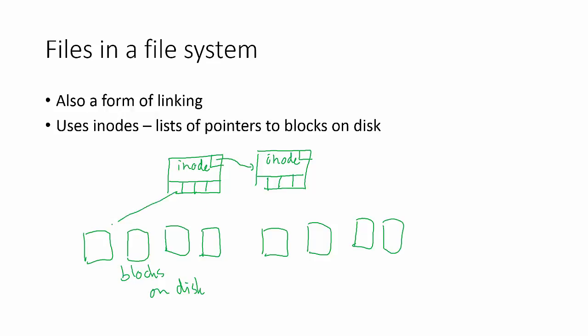The collection of these blocks being pointed to by these two inodes is what we can call a file in the file system. Adding, removing or changing data in the file happens in a similar way as shown before for the linked list. So in general, the property of the linked list is mutability or ability to change.